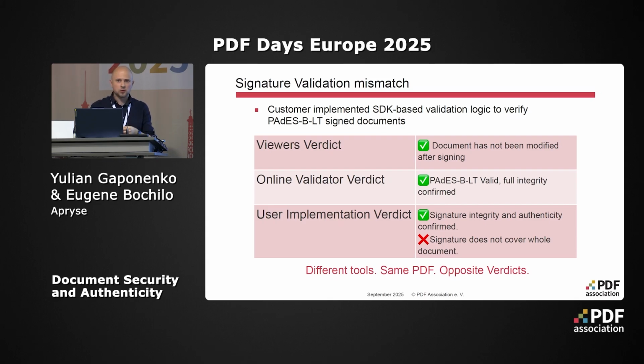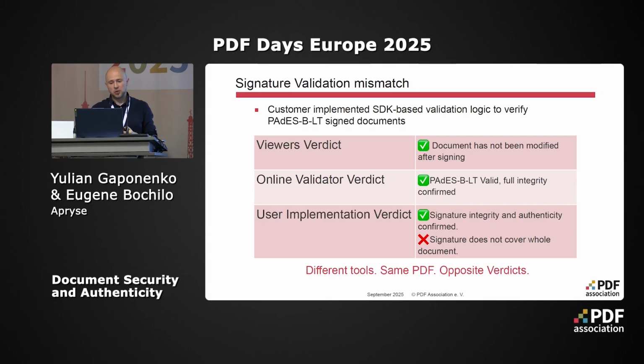They took a library, they implemented the logic, they got a signed document and started testing what they had. And there is some mismatch that you can see here. Some viewers, some high-level validator tools would say that everything is good. They would sometimes even mention that the document is not modified after signing.